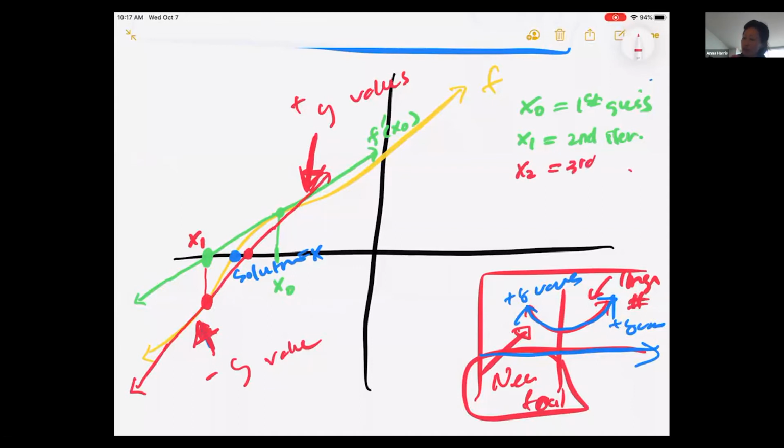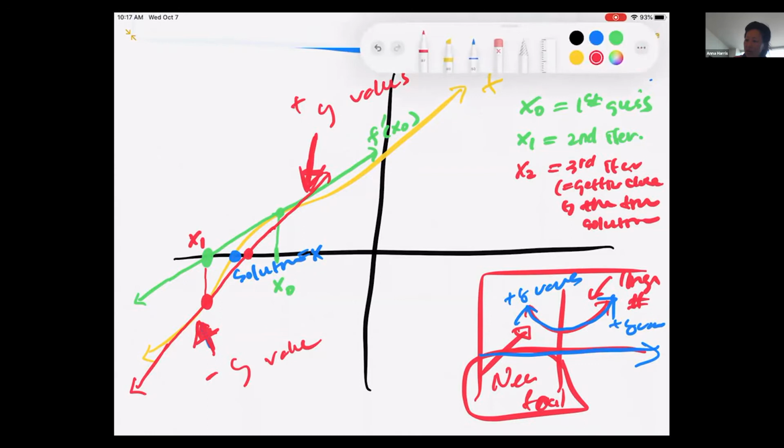It's a third iteration, getting closer to the true solution. But look at the red dot and blue dot. They're not very close. So I'm going to say, okay, let's keep trying.